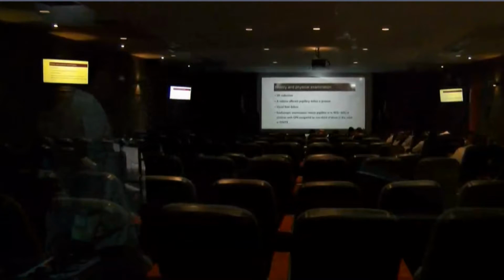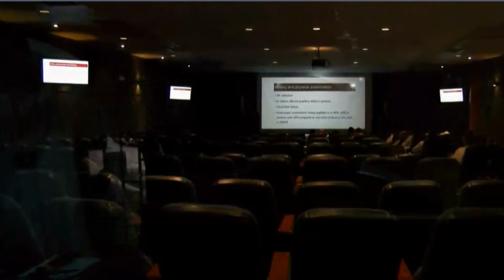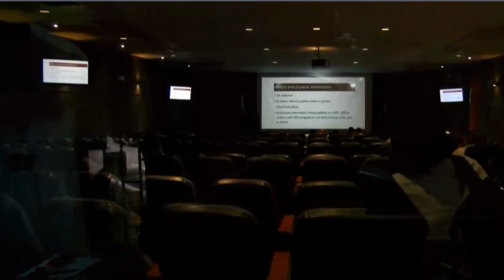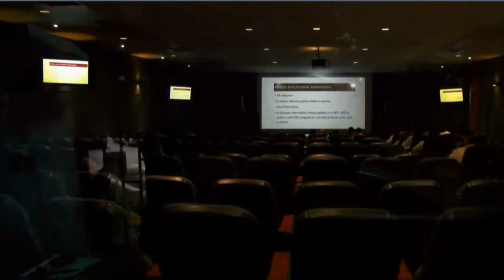It was reported that around 50 to 70% of children will have papillitis, and if we compare it with adults, we know from the optic neuritis treatment trial that only 1/3 of the patients will have it. So the majority of adults will have retrobulbar optic neuritis.